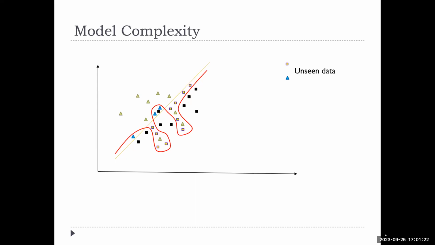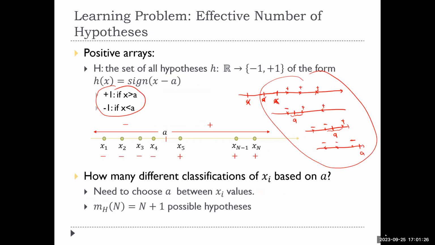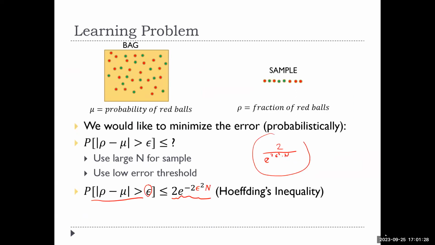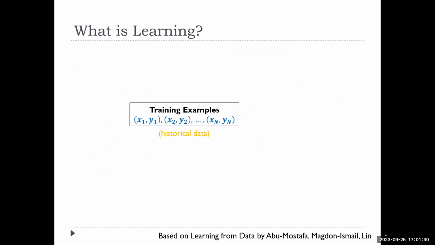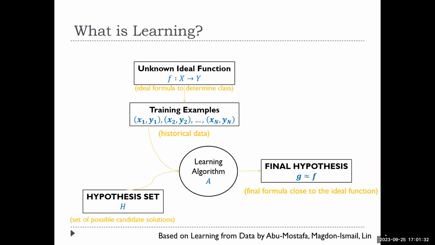Going back to the original slide, the learning problem: we need to find G basically. G belongs to here. We want to make sure that it is similar to F, the real one.